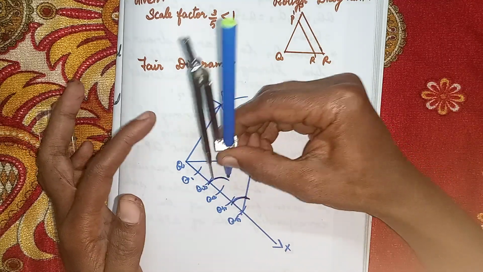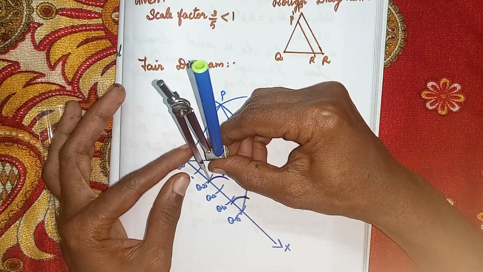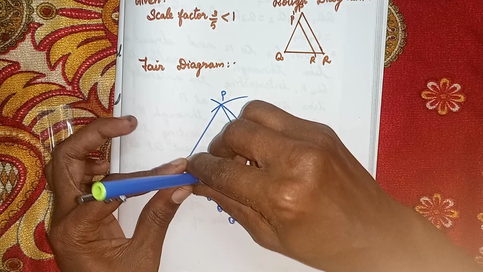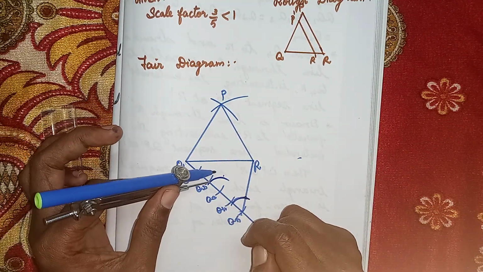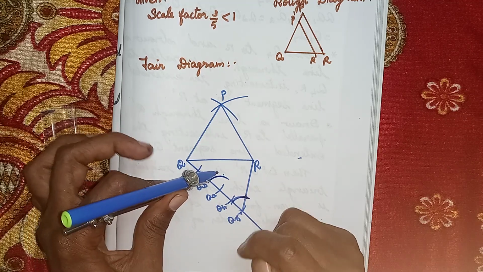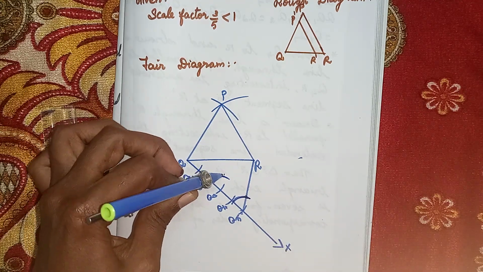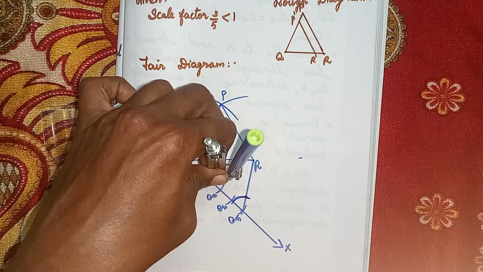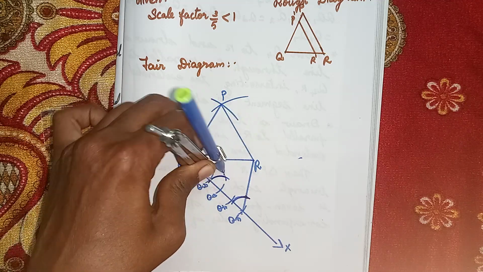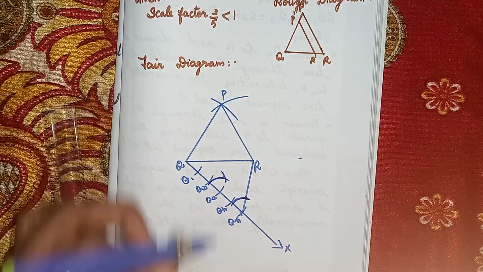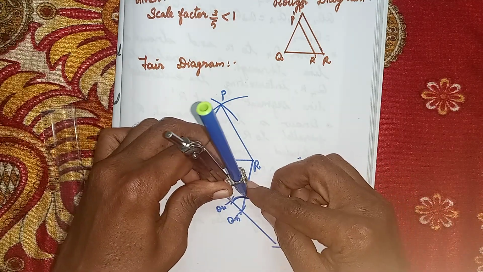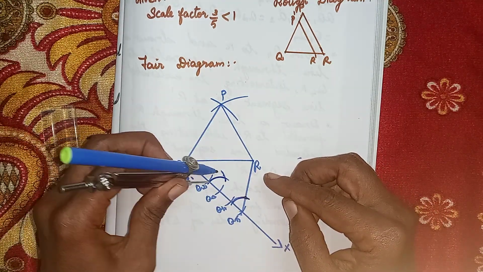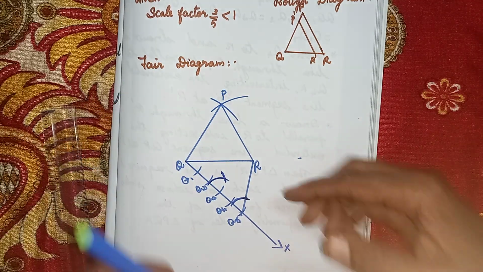From here, now we cut that arc to here. It should cut here like that. One arc you want to put, with this measurement, here to here you have to draw an arc.